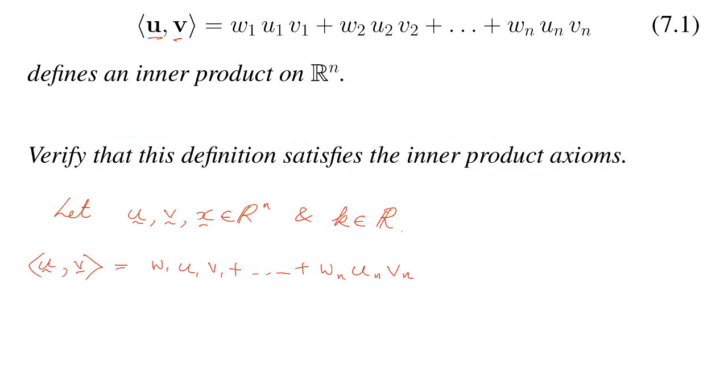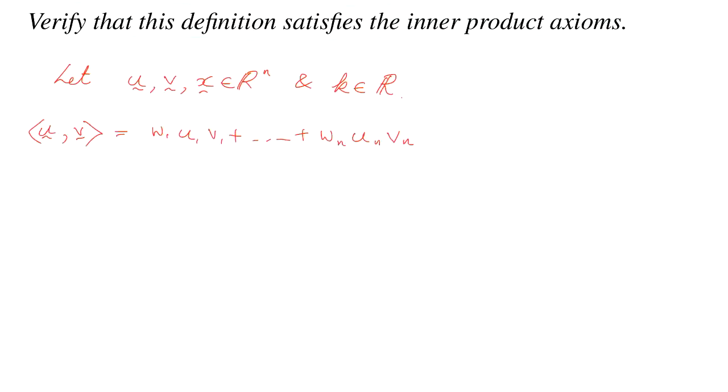Now, each term here is just a product of three real numbers. If I take u1 multiplied by v1, that's the same as if I take v1 and multiply it by u1. So you can swap the order of all of the u's and the v's. And then you stare at that, and what have you got? You've got precisely the inner product of v and u.